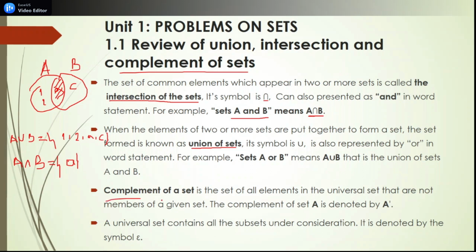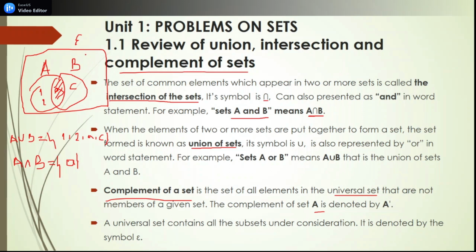We have a complement. What is the complement of a set? For example, the complement of A is the elements which are located in B, different from the elements of A. Complement, we count elements located in B which are not in set A. It means it is the set of all elements in the universe set. The universe set is a big set which combines both sets.